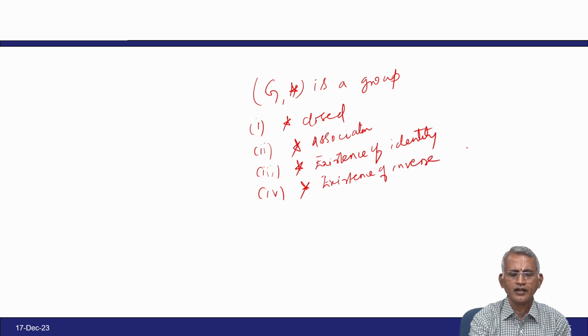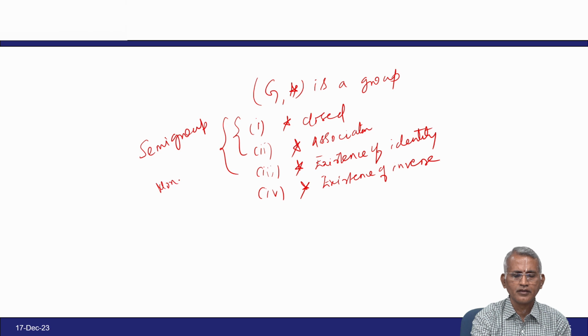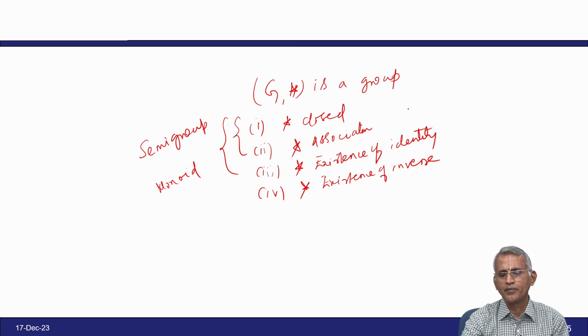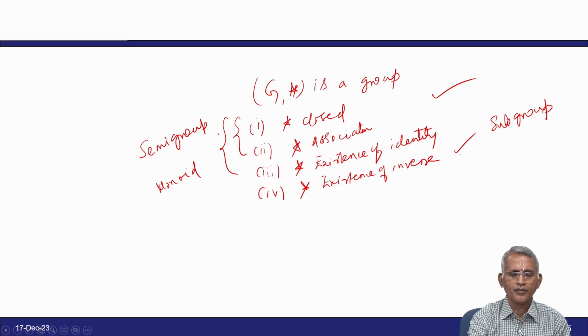A set satisfying the first two properties is called a semigroup, and if the first 3 properties are satisfied, a monoid. If the first and fourth are satisfied, then it is said to be a subgroup, and if all the properties are satisfied, then it is said to be a group.